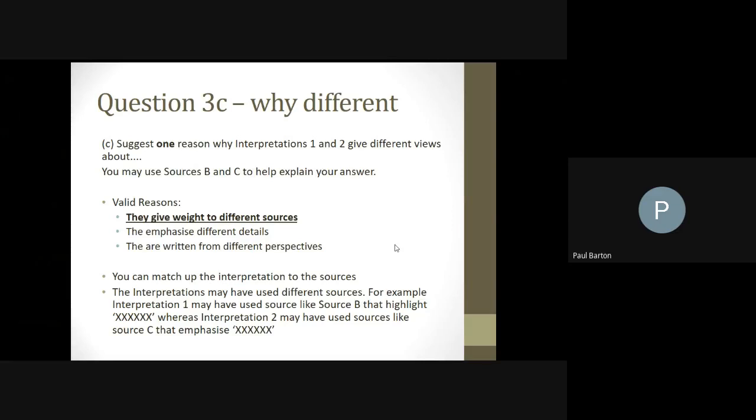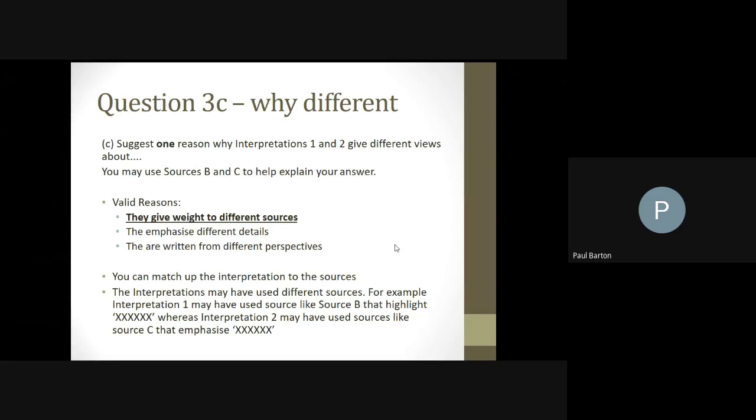One of those valid reasons, one that's nice and straightforward to explain, is that they might give different weight to different sources. That means they may have used different sources, or paid more attention to one source or another. Why would they have different views about a particular issue? Because they've used different sources of information. That's the reason. And if we use that method, we can back it up quite nicely and hopefully guarantee ourselves the 4 marks.